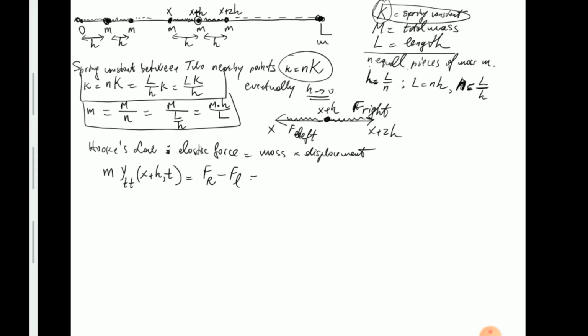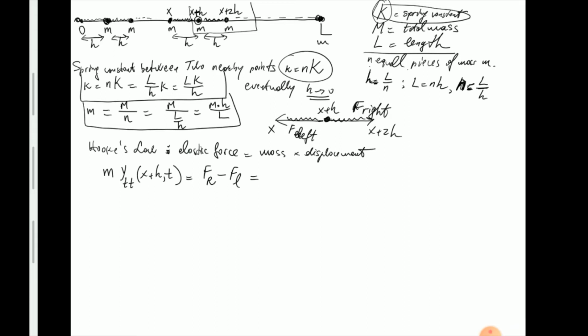Okay, so for the force acting on the right hand side, you can take a look at the top of the page if you want as well. That force acting on the right is governed by the motion of the two objects at position x plus h and x plus 2h. So that spring will have a certain stretch or compression, a certain displacement caused by the displacements of those two objects.